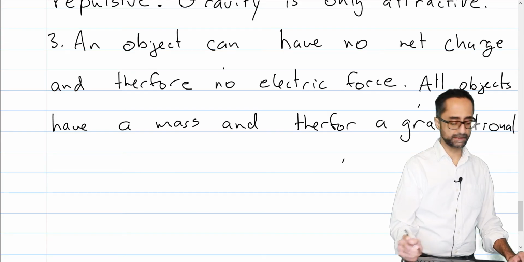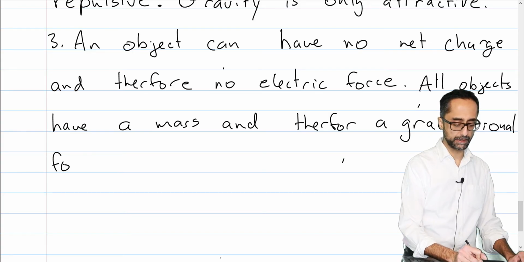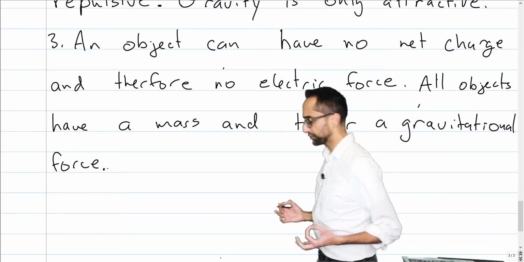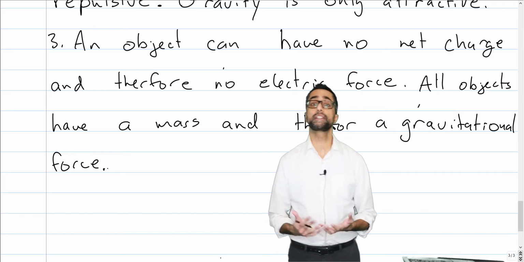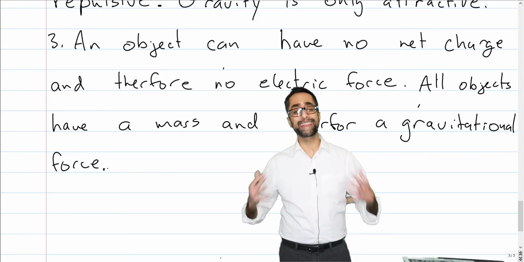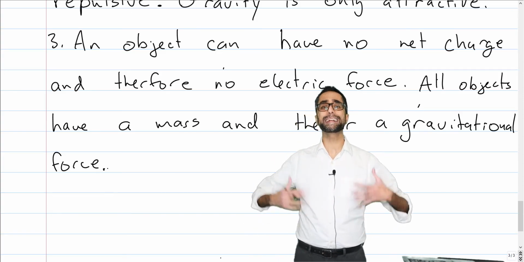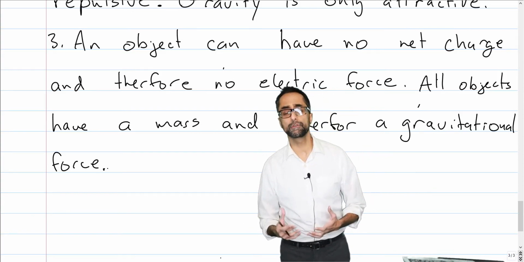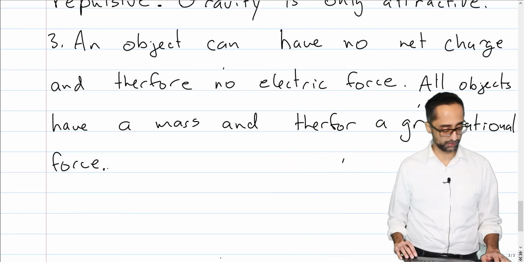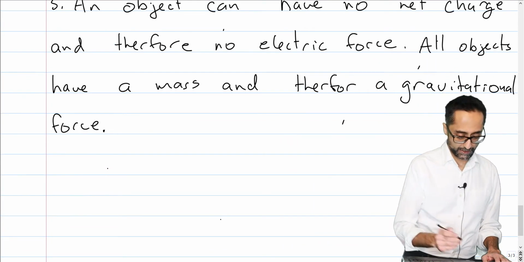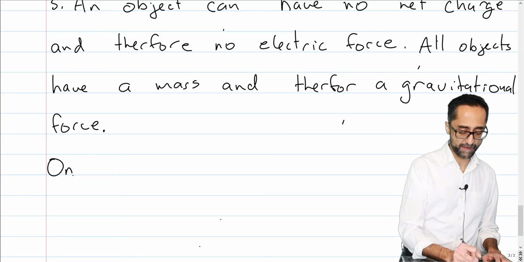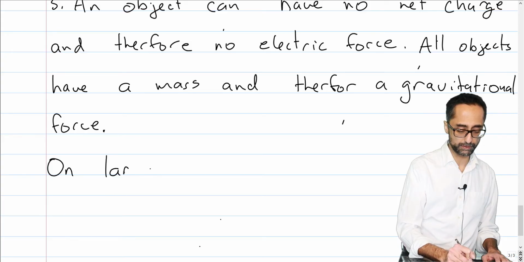And what all of this is implying to me is that the electric force should be more significant on a smaller scale than the gravitational force. And then as objects accumulate mass, the gravitational force eventually takes over as a more important force. And so let's write this. On large scales, gravity is more important.